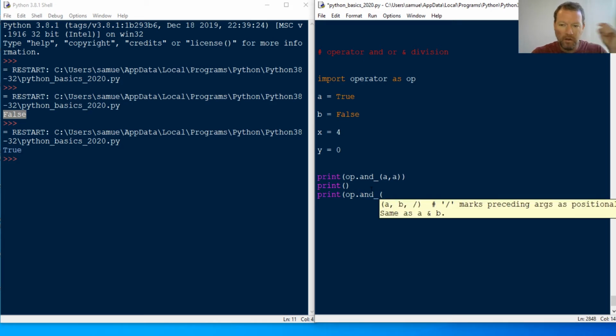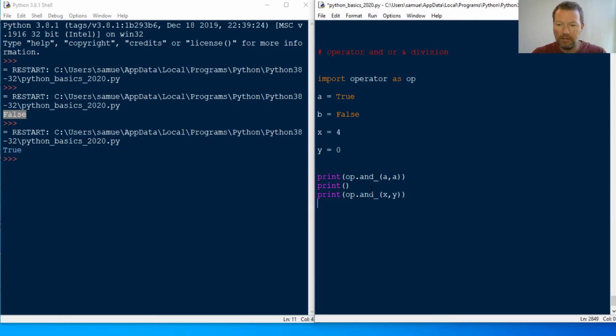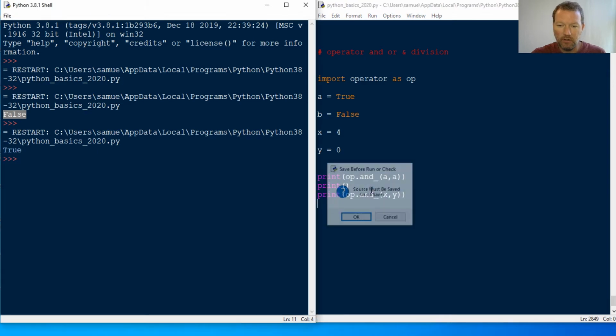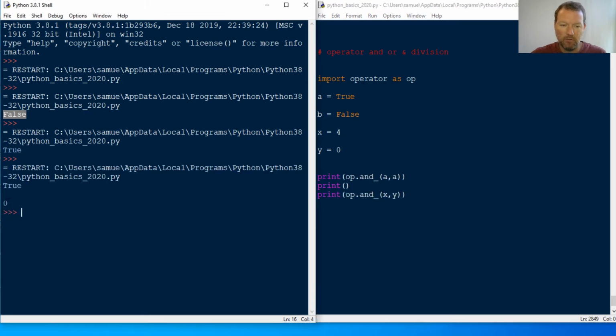If I pass in now my integers, X, Y, I'm going to get an integer representation out. I'm going to get 0. When I pass an integer, and I turn this true, I still get an integer return.